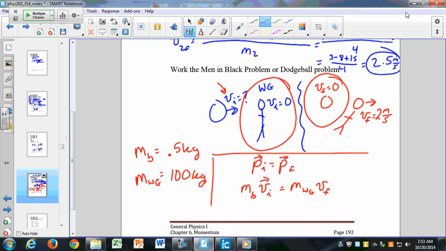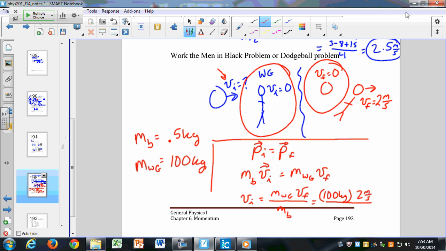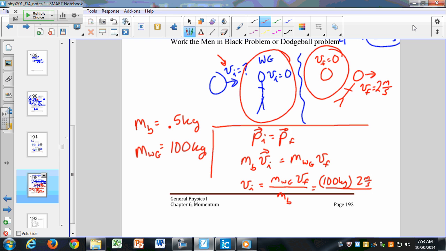And then I can solve for VI, to be the mass of White Goodman, his final velocity divided by the mass of the ball, which is equal to 100 kilograms, 2 meters per second, divided by the mass of the ball, which is a half.